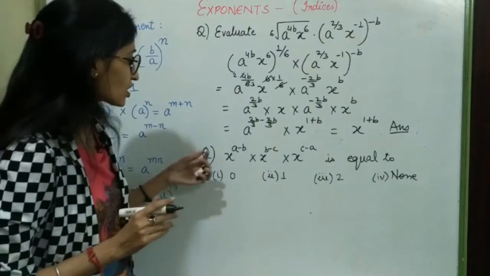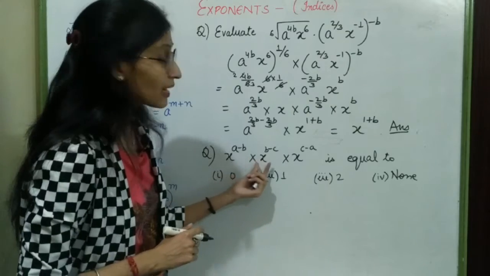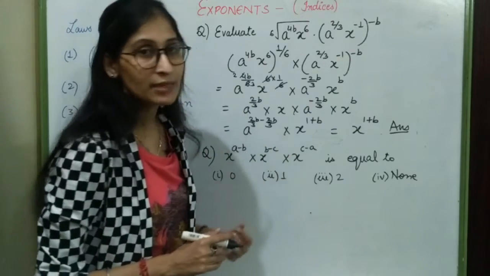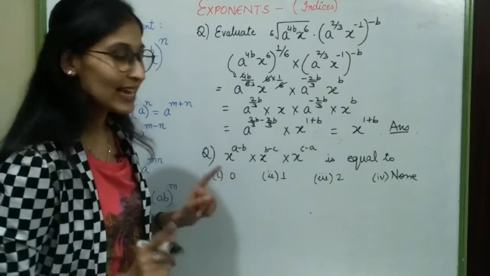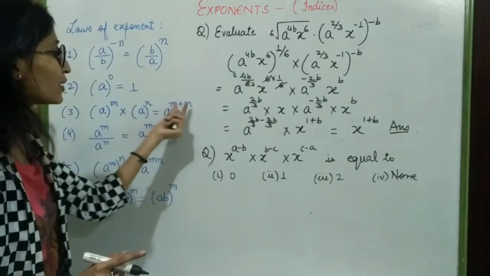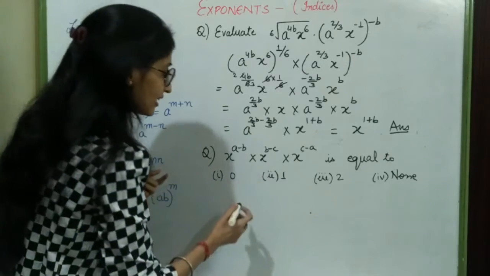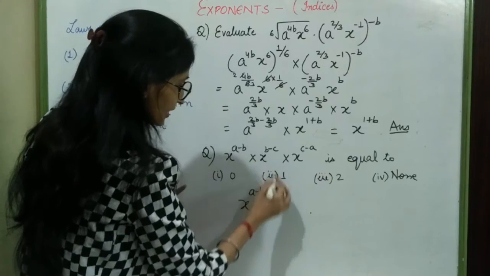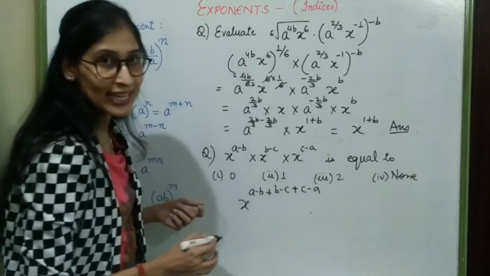Now for the next question, x raised to power a minus b multiply by x raised to power b minus c multiply by x raised to power c minus a. In all the three, the base is same, x, and the sign is of multiply. So I am going to add the powers. So let's start adding. x raised to power a minus b plus b minus c plus c minus a.